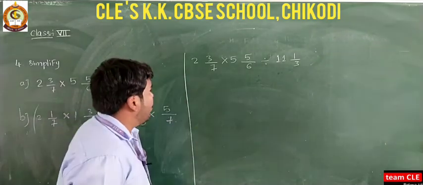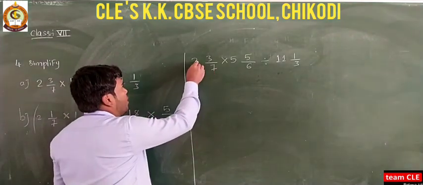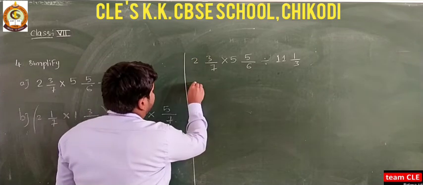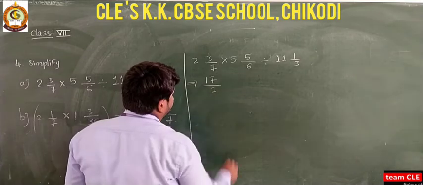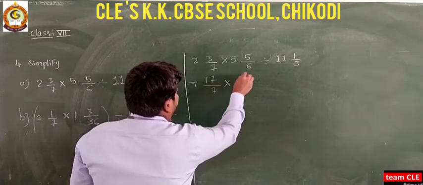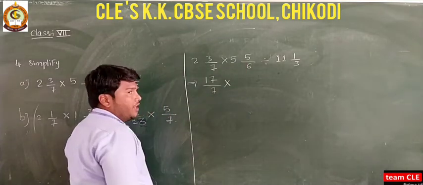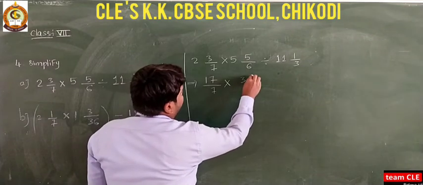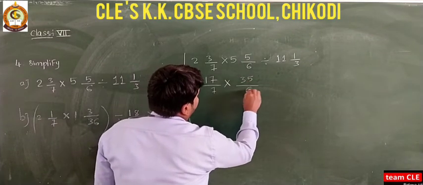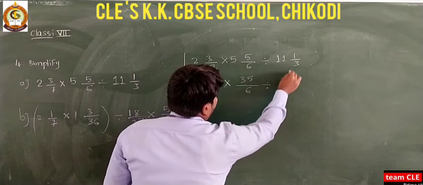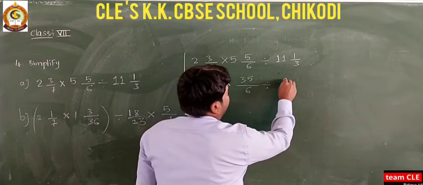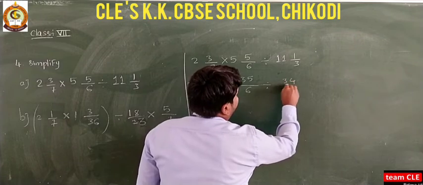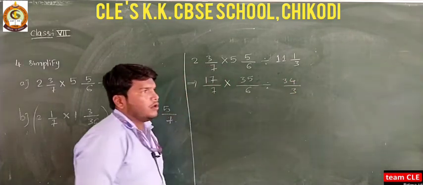Similarly follow here: 7 2s are 14, 14 plus 3 equals 17 by 7. Into next, 6 5s are 30, 30 plus 5 is 35, so 35 by 6, divided by 11: 3 11s are 33, 33 plus 1 is 34, so 34 by 3.